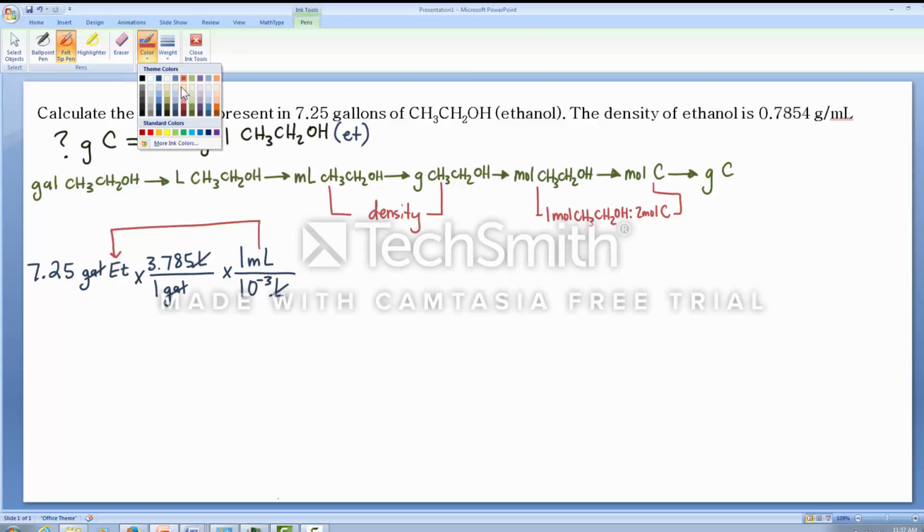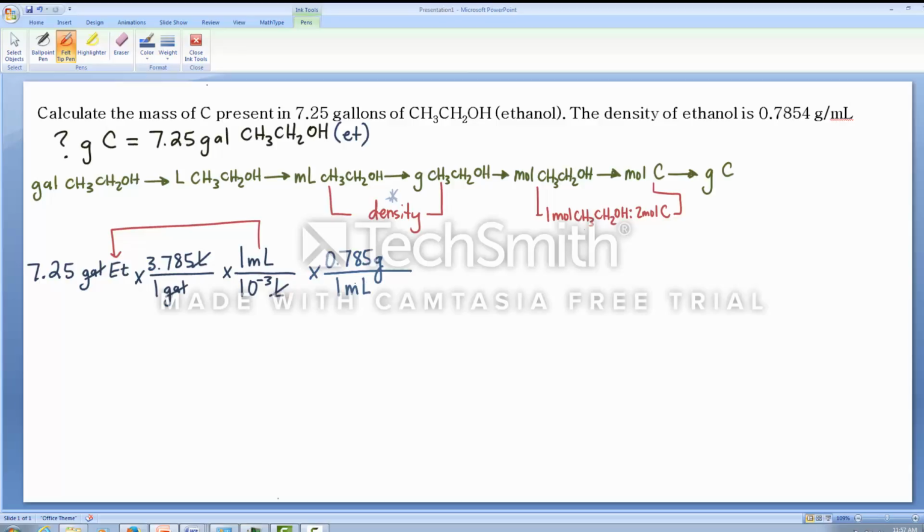So at this point, I can now use my density to get the mass of ethanol. Now my density tells me for every 1 milliliter, the intensive property, I have 0.785 grams.